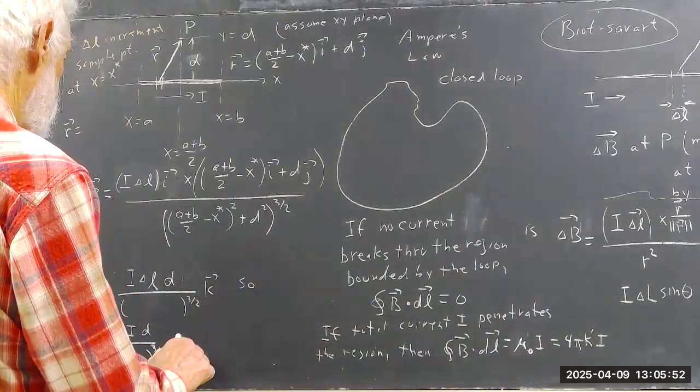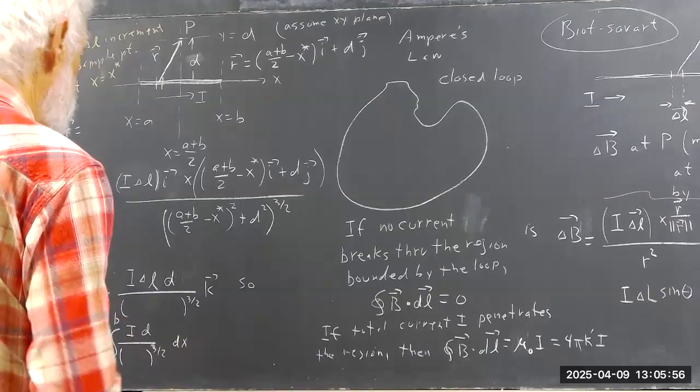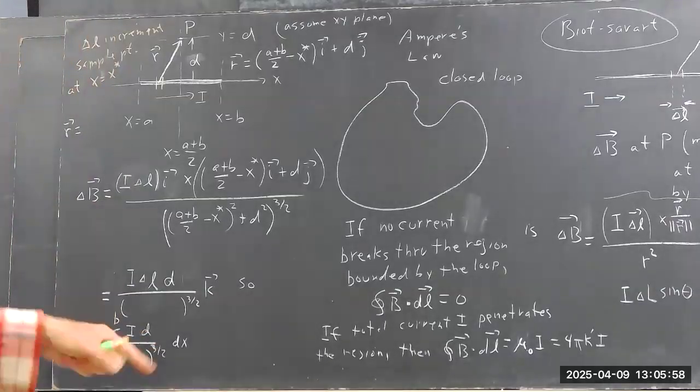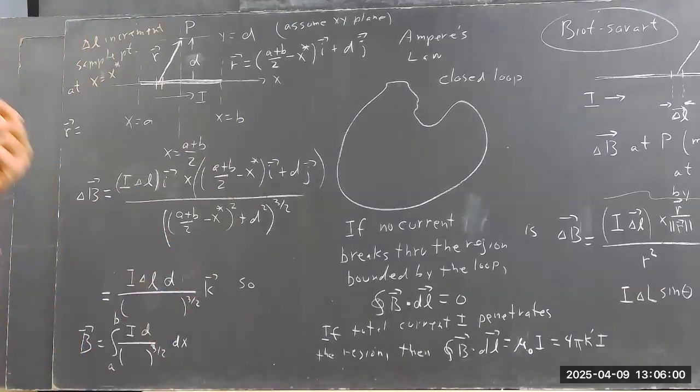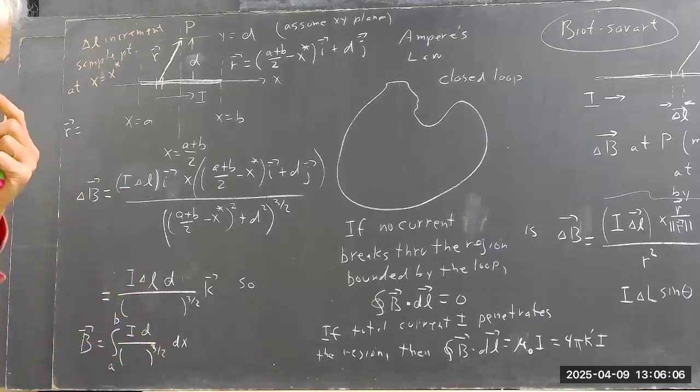My delta L is a DL. Actually, delta L could be a dx since we're integrating in the x direction. The delta L is going to be a delta x and we get a dx.